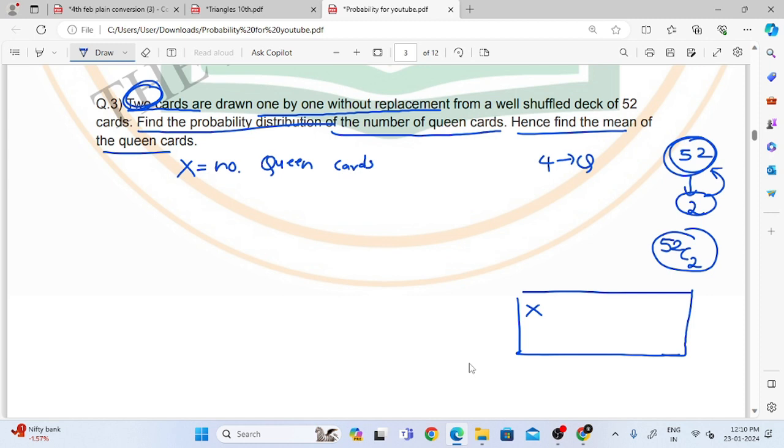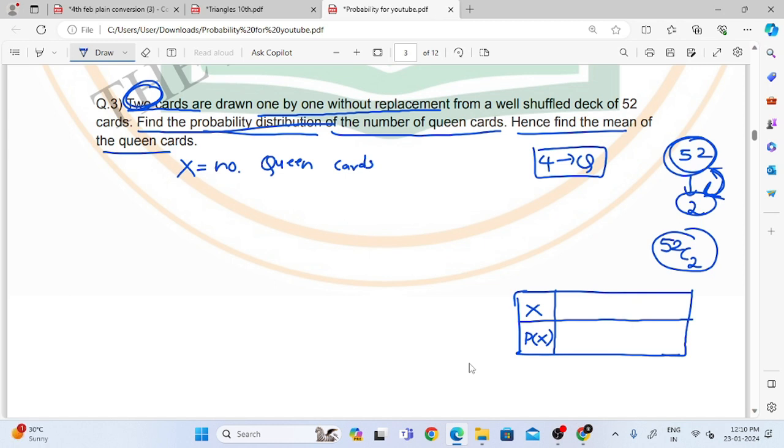X is the number of queens that we will get, and P of x is the probability of that number. So out of 52 we have to select any 2, not more than that. We have to find the probability distribution for the number of queens. So total 4 queens we have. Okay, so what is the possibility of getting queens?